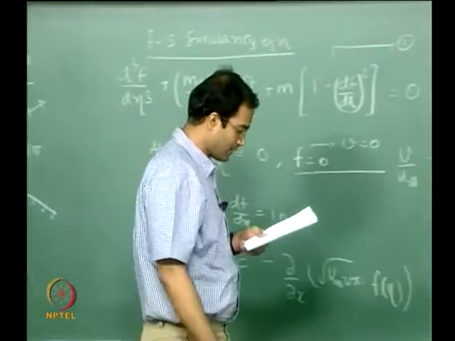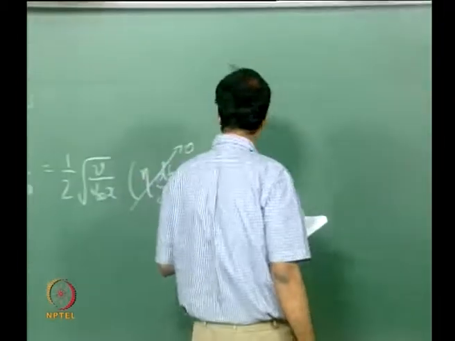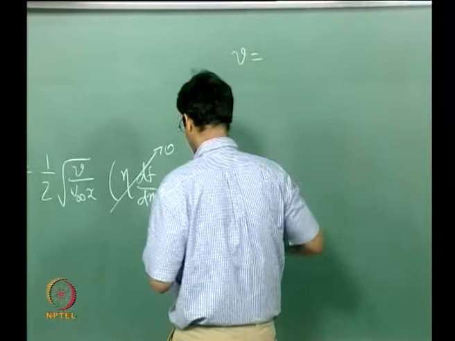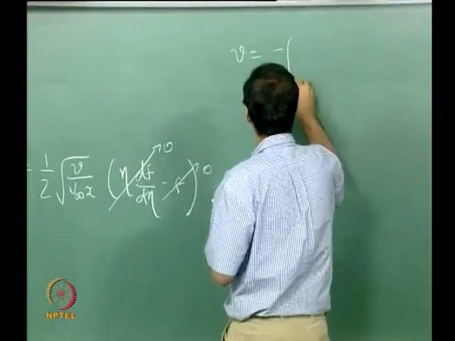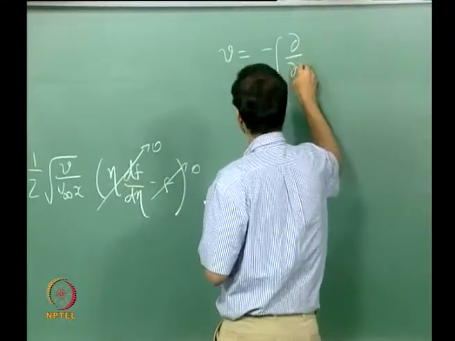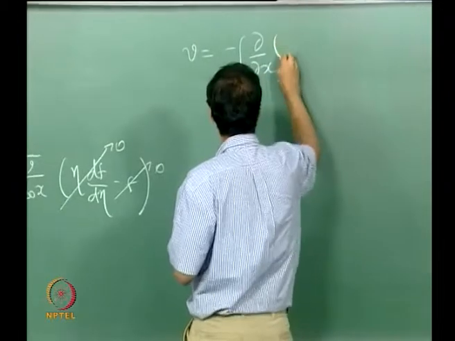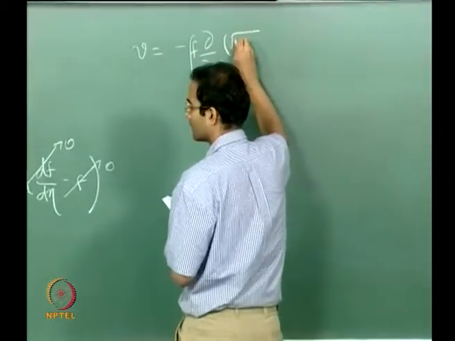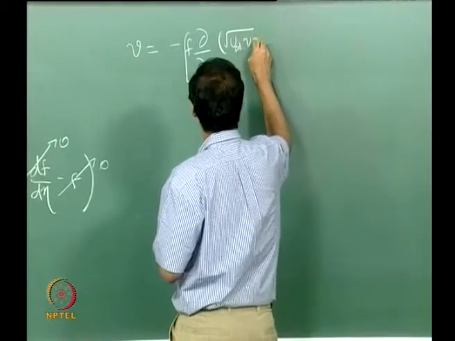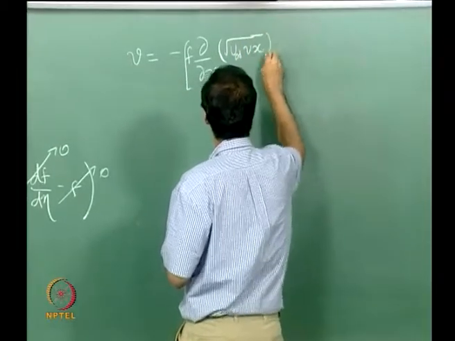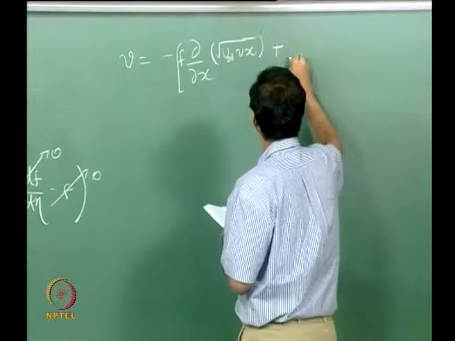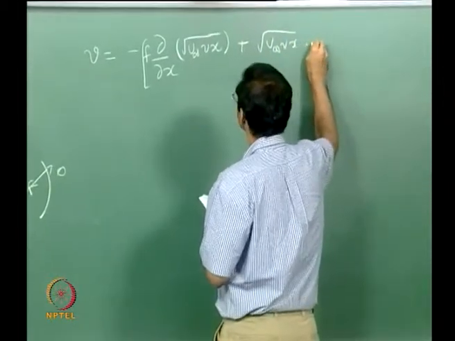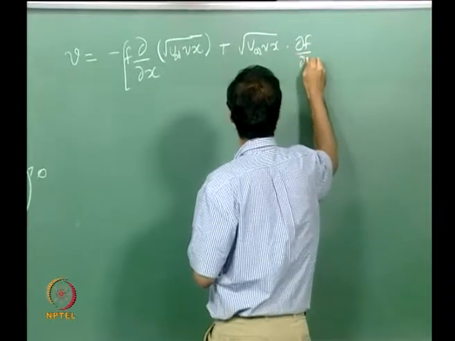Okay, so if you now differentiate it, let me also do that once myself: minus d by dx of, we can take f out, differentiate, plus you have square root of u infinity nu x into df by d eta.